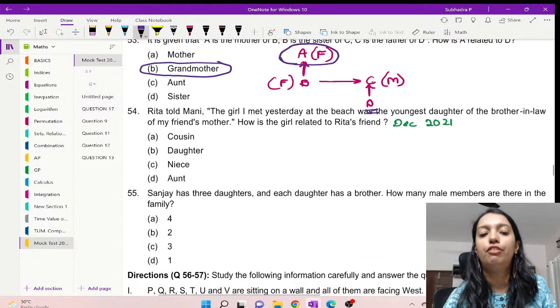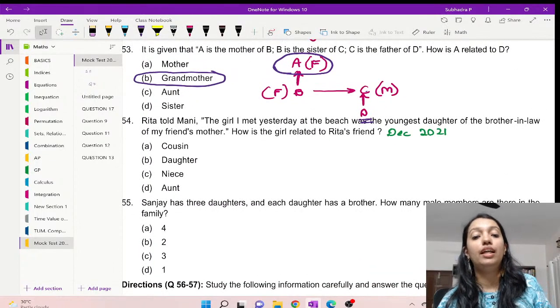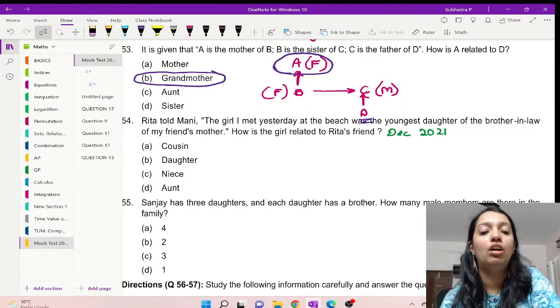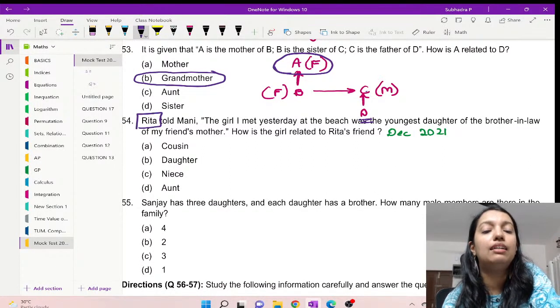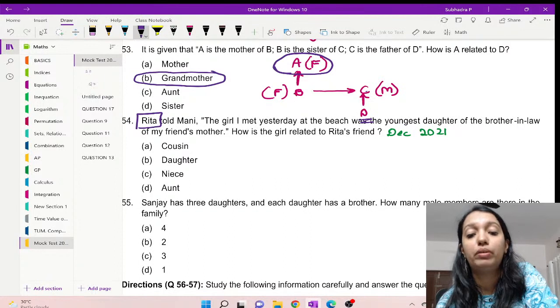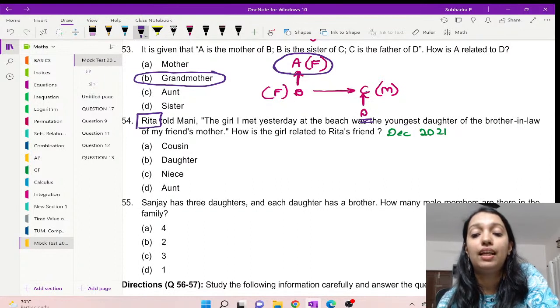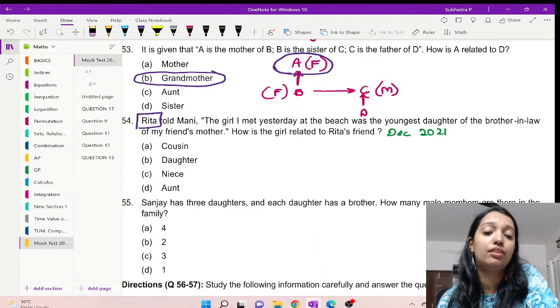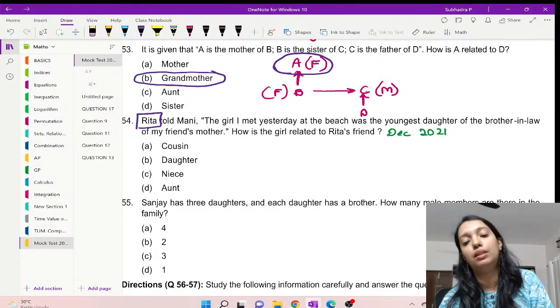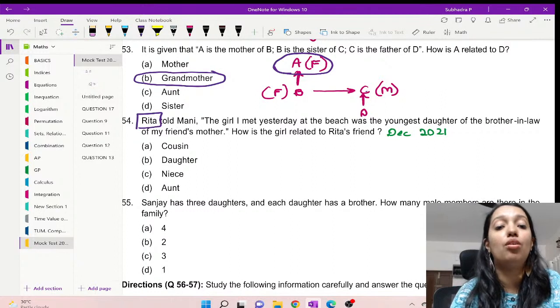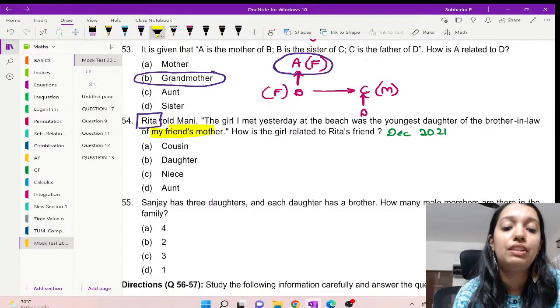Next, 54th one. Rita told Mani. Whom she is telling is not important. Who is telling, that is important. Rita told Mani, the girl I met yesterday at the beach was the youngest daughter of brother-in-law of my friend's mother. Whose friend? You always start from the last part of the sentence.